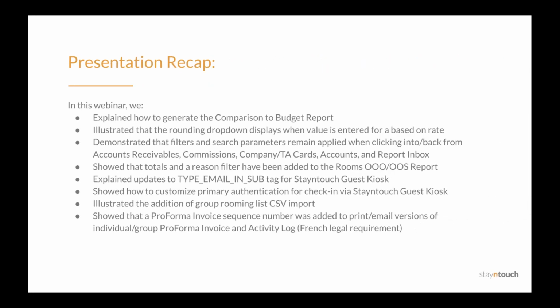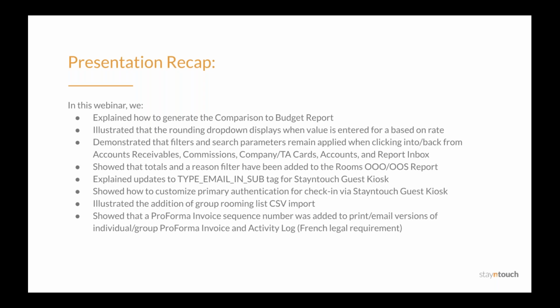So in this webinar, we explained how to generate the comparison to budget report, illustrated that the rounding dropdown displays when a value is entered for a based on rate, demonstrated that filters and search parameters remain applied when clicking into and back from accounts receivables, commissions, company and TA cards, accounts, and the reports inbox. We showed that totals and a reason filter have been added to the rooms out of order and out of service report.